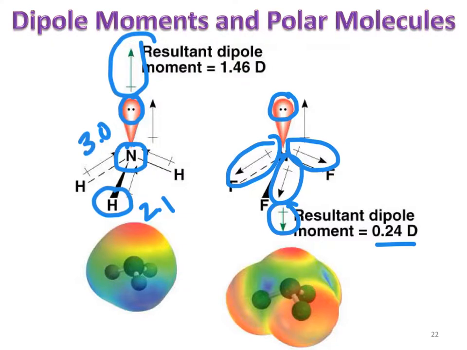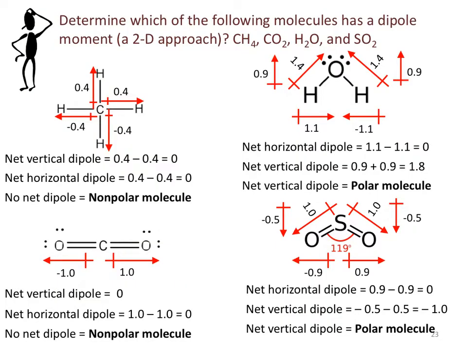So how are we going to look at and establish dipole moments and the polarity of molecules? Well, we could use this two-dimensional approach that you see scribbled all over this slide, where what I've done basically is lay out the differences in electronegativities, given these vectors direction, and then decided whether or not it was going to be a polar or nonpolar molecule.